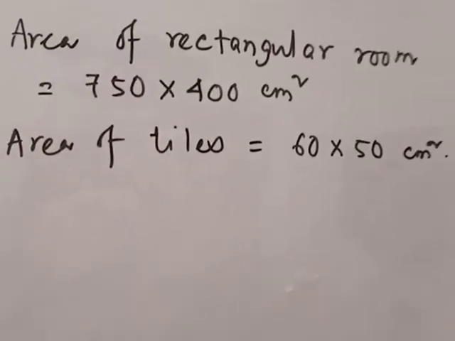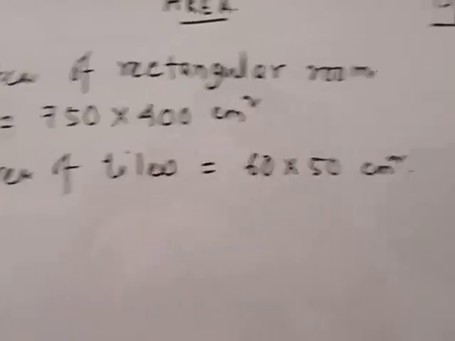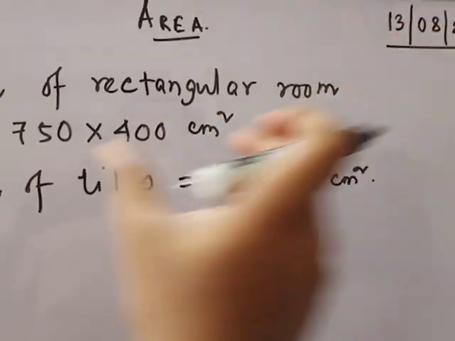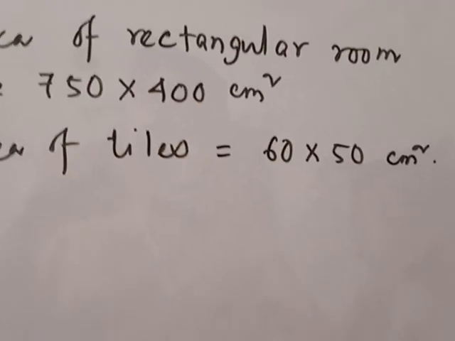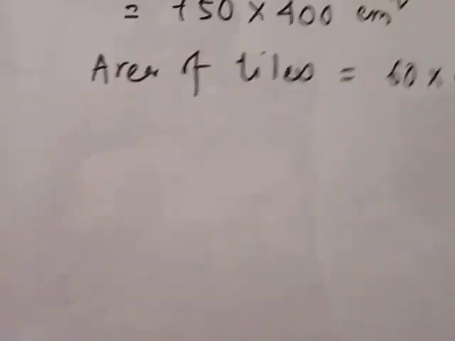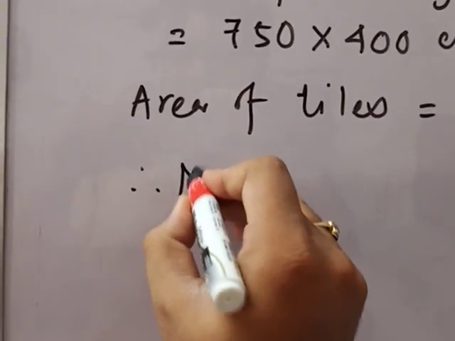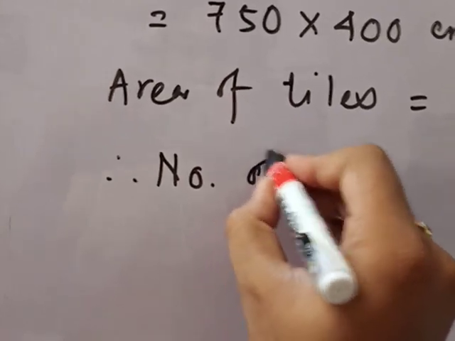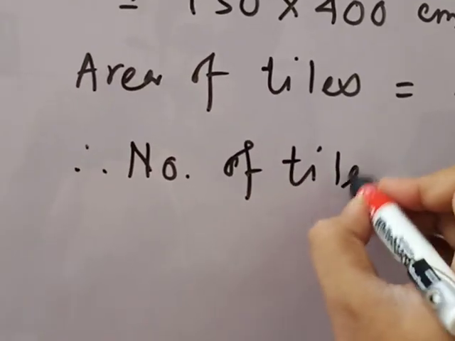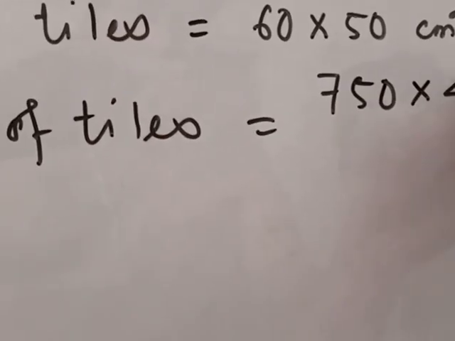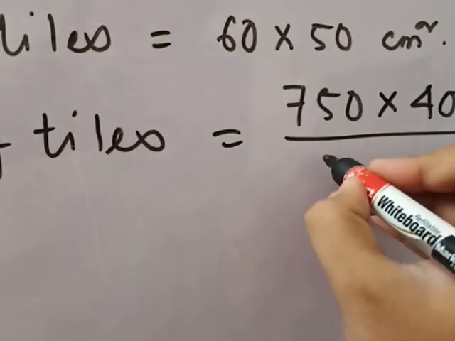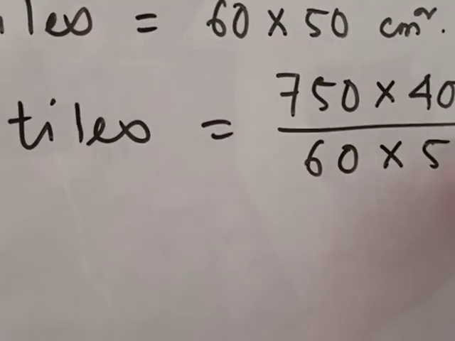In mensuration, don't multiply the numbers because it makes the next part complicated. So number of tiles equals 750 into 400 by 60 into 50.